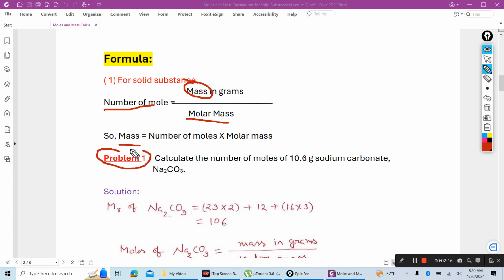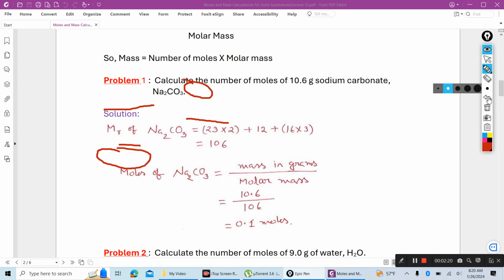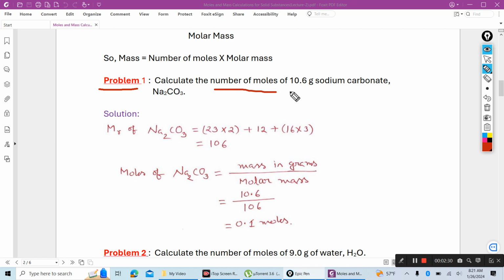So now problem 1. Calculate the number of moles of 10.6 gram of sodium carbonate.